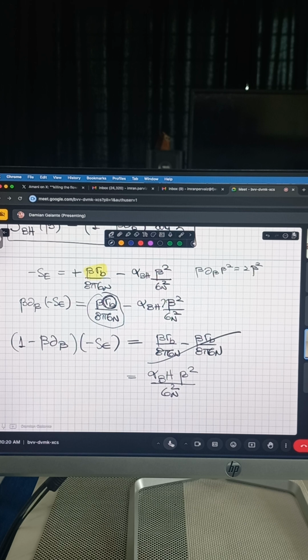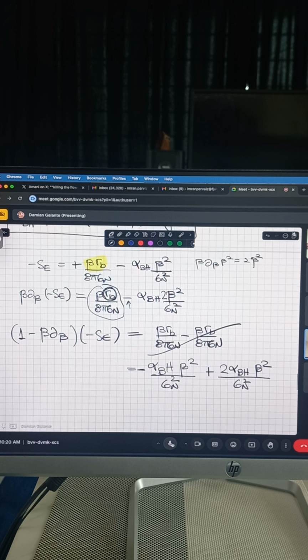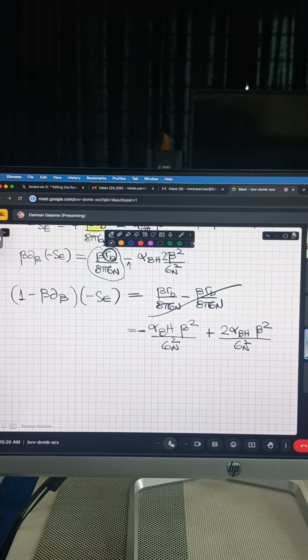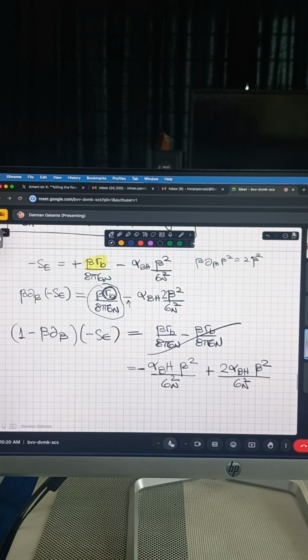Here there's a 2, right? So there's a minus here, and now I have plus, because of this minus minus, 2 times alpha black hole beta squared over G Newton squared. I have a problem with the units now. What's going on? What's going on?